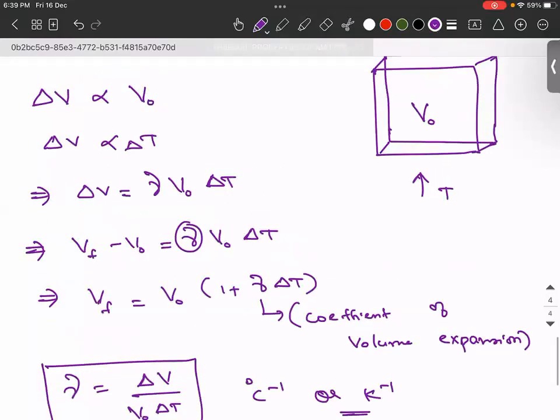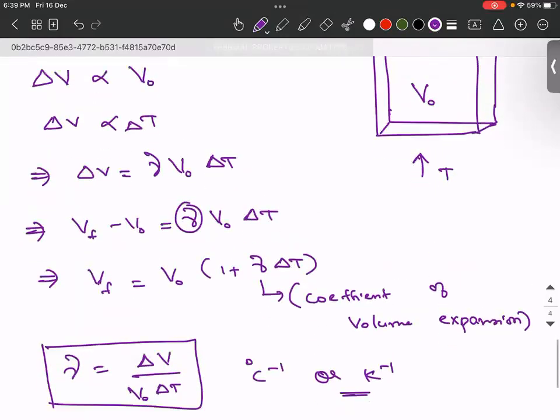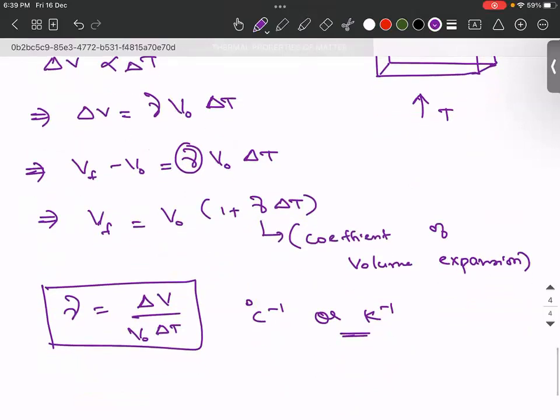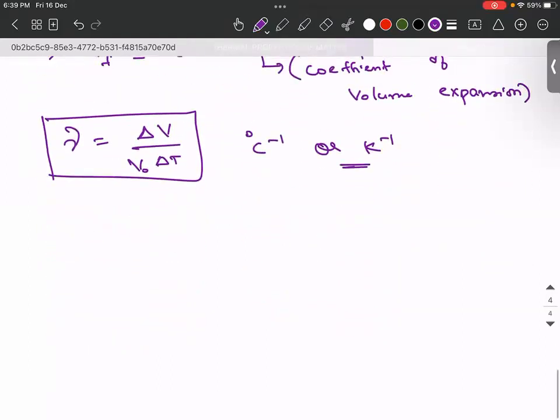So these are the three main types of expansions that take place in solids, right? Where alpha is called the coefficient of linear expansion. Here, coefficient means I'm calling it the temperature coefficient. Then beta is called the temperature coefficient of superficial expansion, and gamma is called the temperature coefficient of volume expansion.